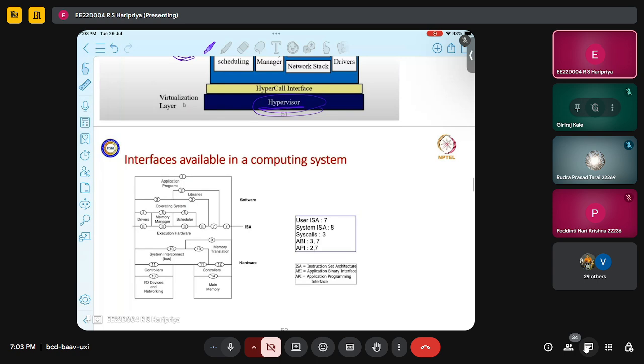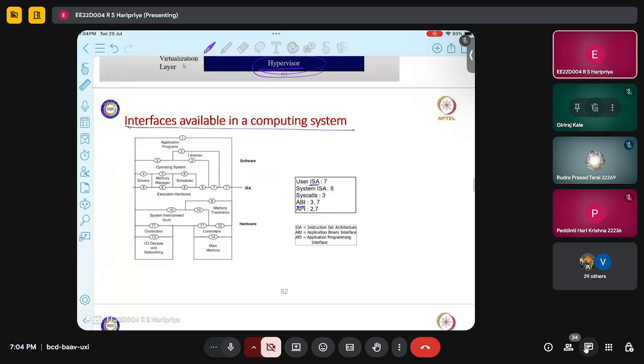Next we will see what this hypervisor is. These are the various interfaces in the computing system: API, ISA, or ABI.